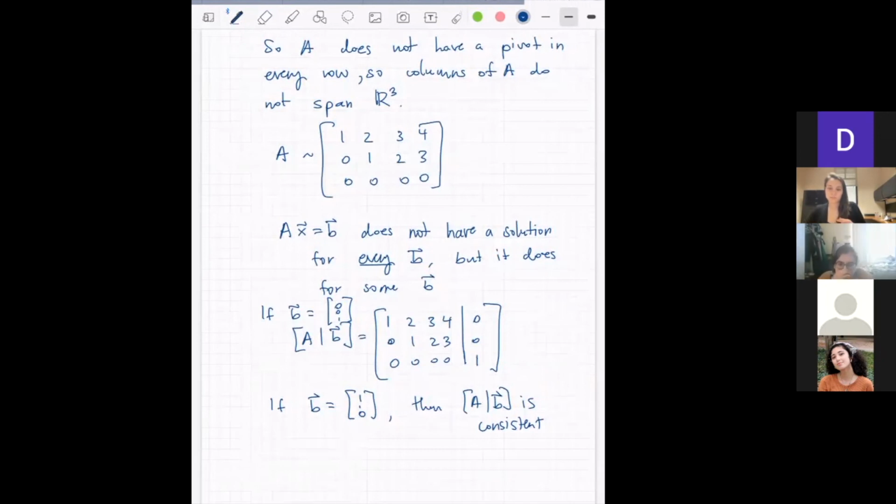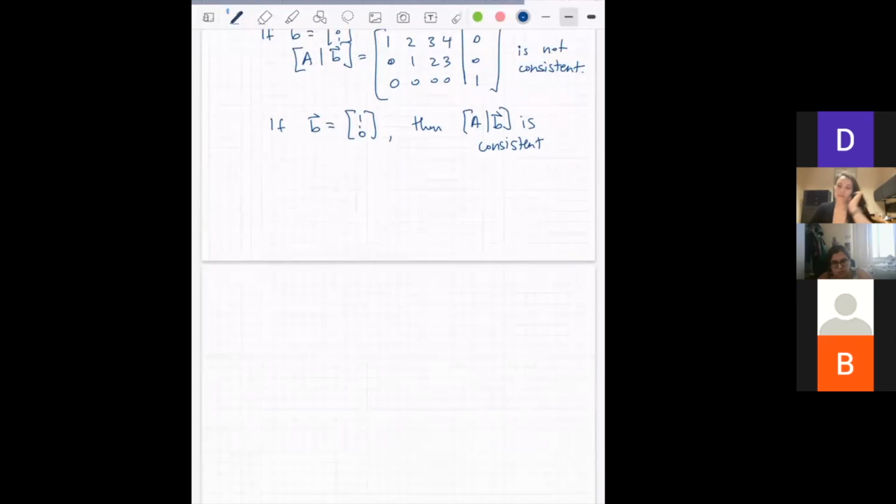Are there any instances where AX equals B does not have a solution for any B? Well, okay, let's see. We can have an inconsistent system, yes. That is possible.